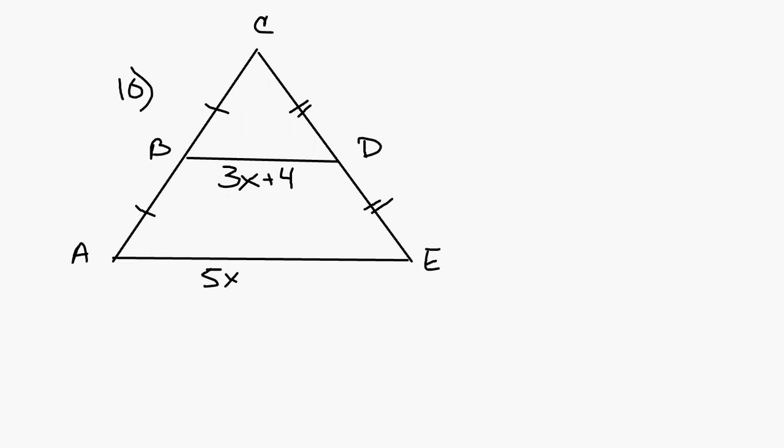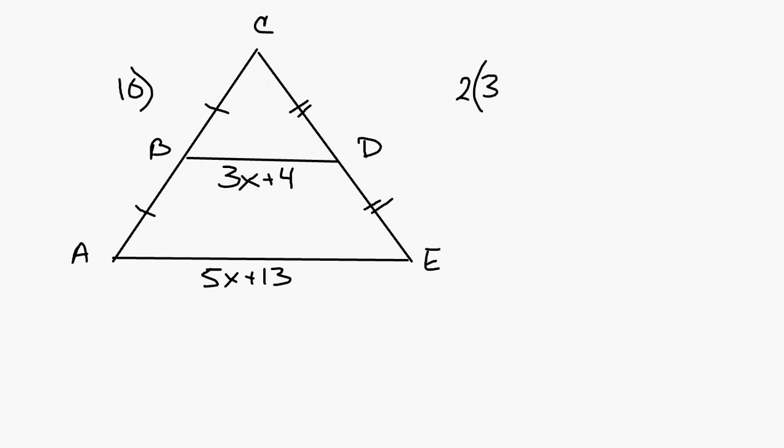Now, yesterday we said that the midsegment is half of the side it's parallel to, right? So we got to multiply, in this case, the 3x plus 4 times 2 to make it equal to the 5x plus 13. So we said that 2 times 3x plus 4 equals the 5x plus 13. So don't forget about your distributive property.